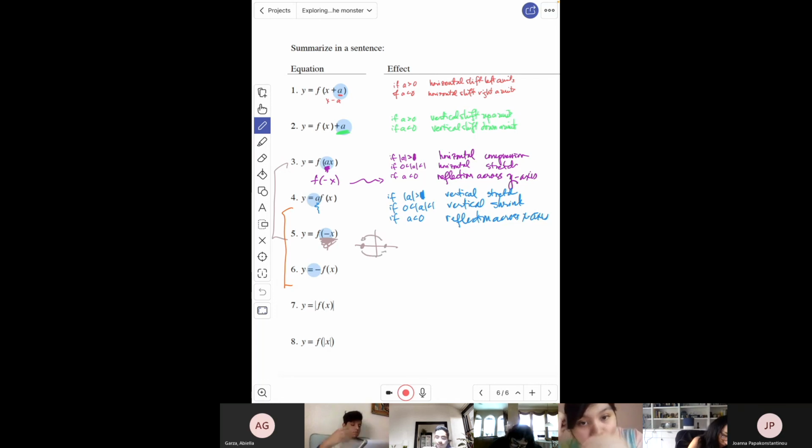Or if it's negative and it moves over here, right? This is positive x, this is negative x. What transformation is that? Is it a reflection over your y-axis? Yes, it is.